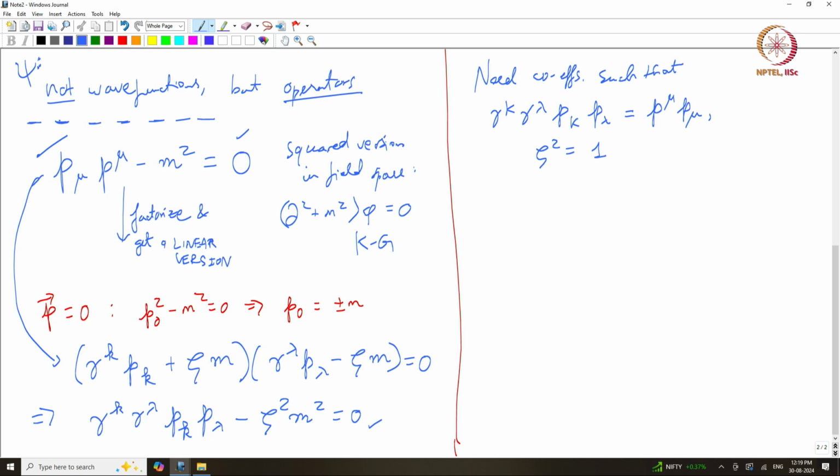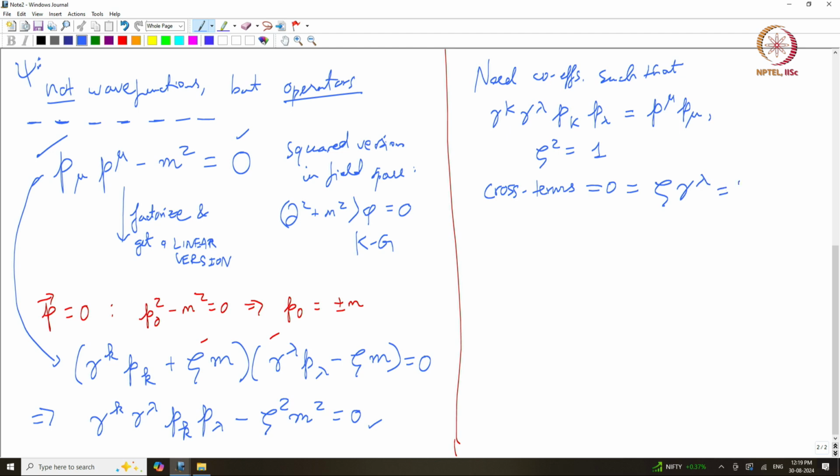But there are other things I also need, right. I need the cross terms to vanish basically, right. For example, let us take this combination, this and this, okay. So, I need this to vanish, correct.